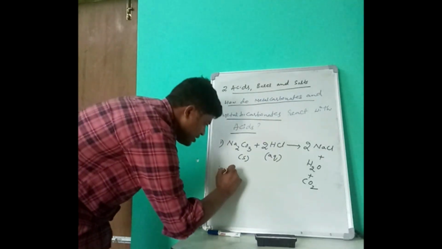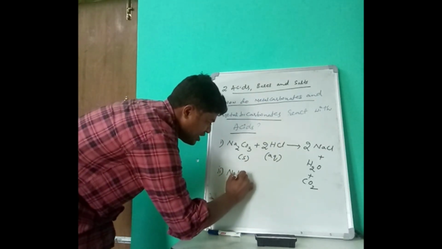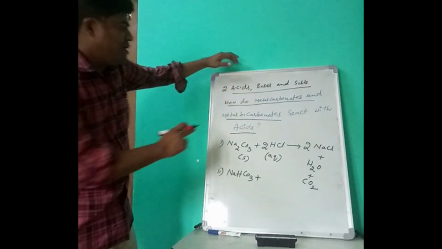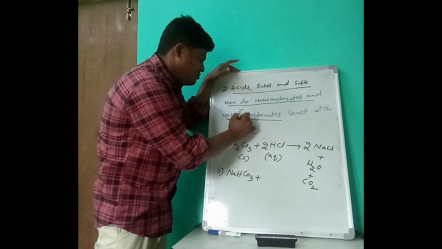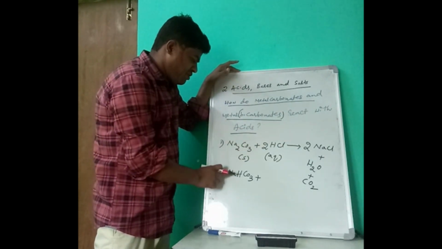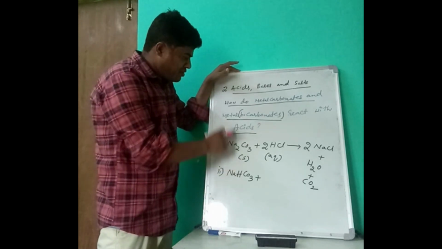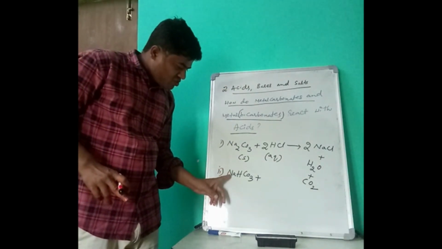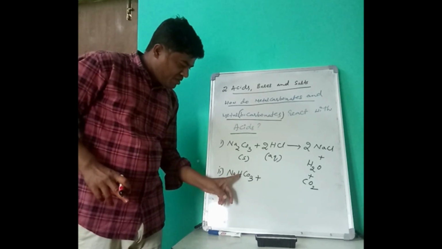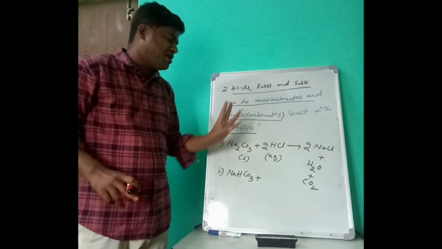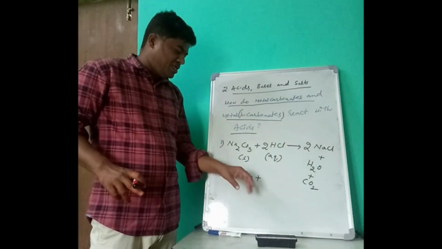The second example is sodium hydrogen carbonate. Sodium hydrogen carbonate is an example of a metal bicarbonate. It can also be called sodium bicarbonate, or you can call metal bicarbonates metal hydrogen carbonates.